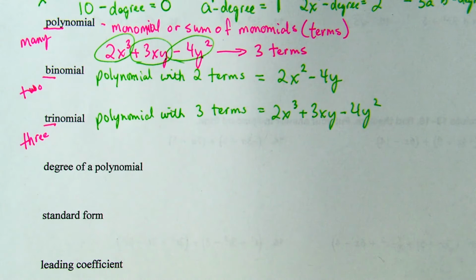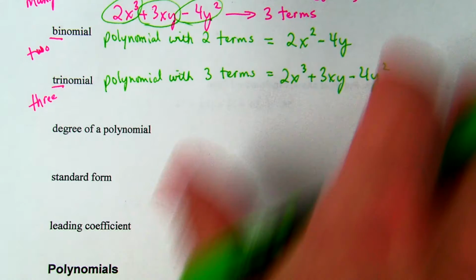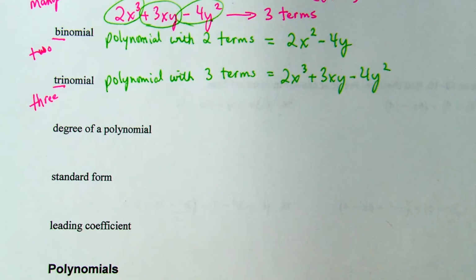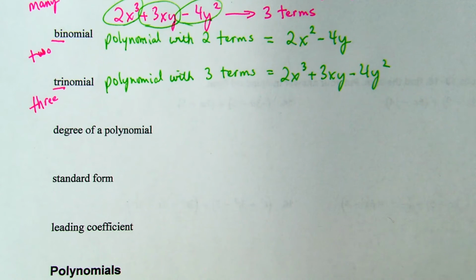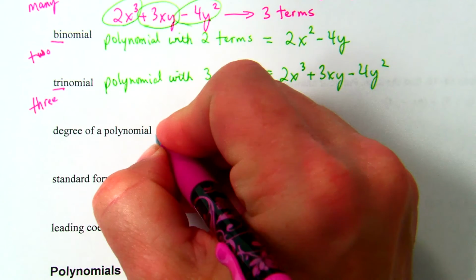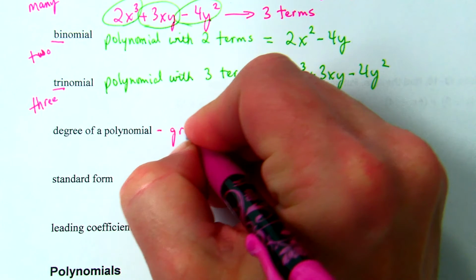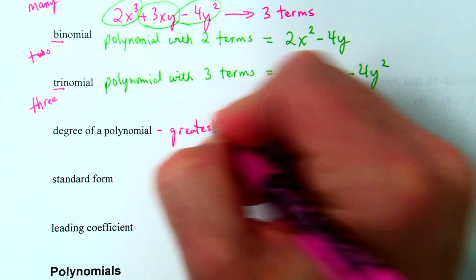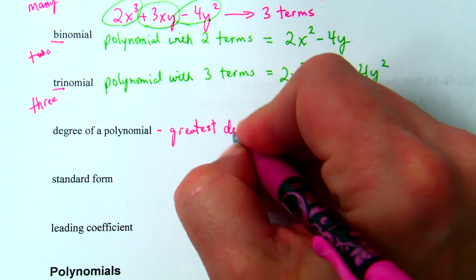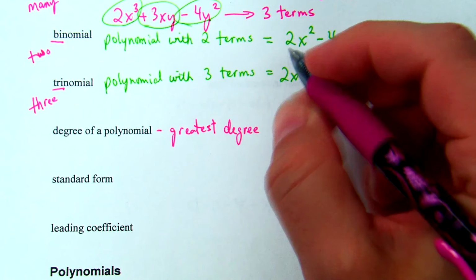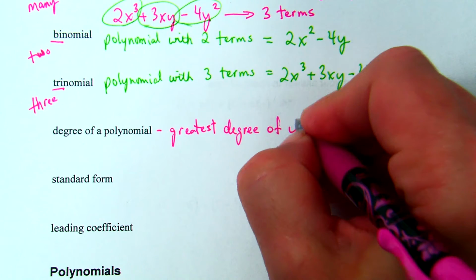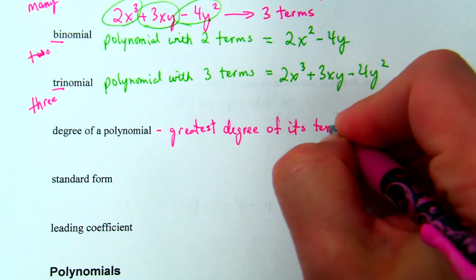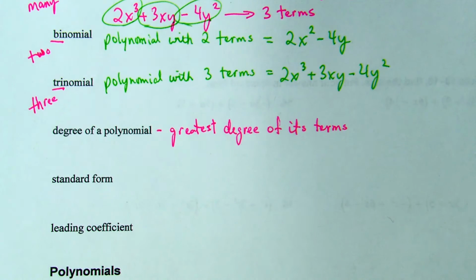Okay, now we get into something that is important, especially for the practice problems we're about to see, and that is the degree of a polynomial. What is the degree of a polynomial? Well, the degree of a polynomial is the greatest degree of its terms.